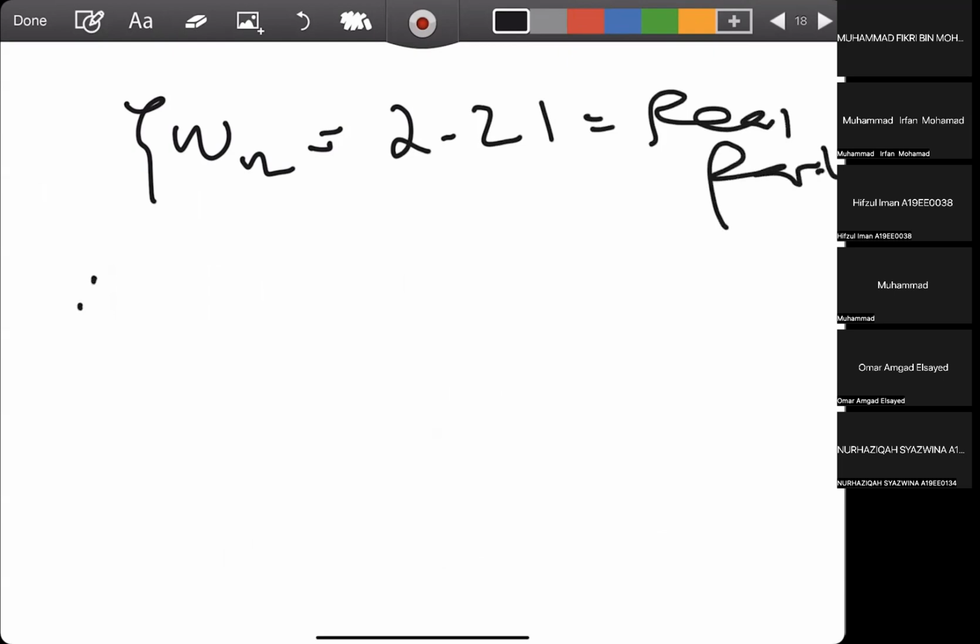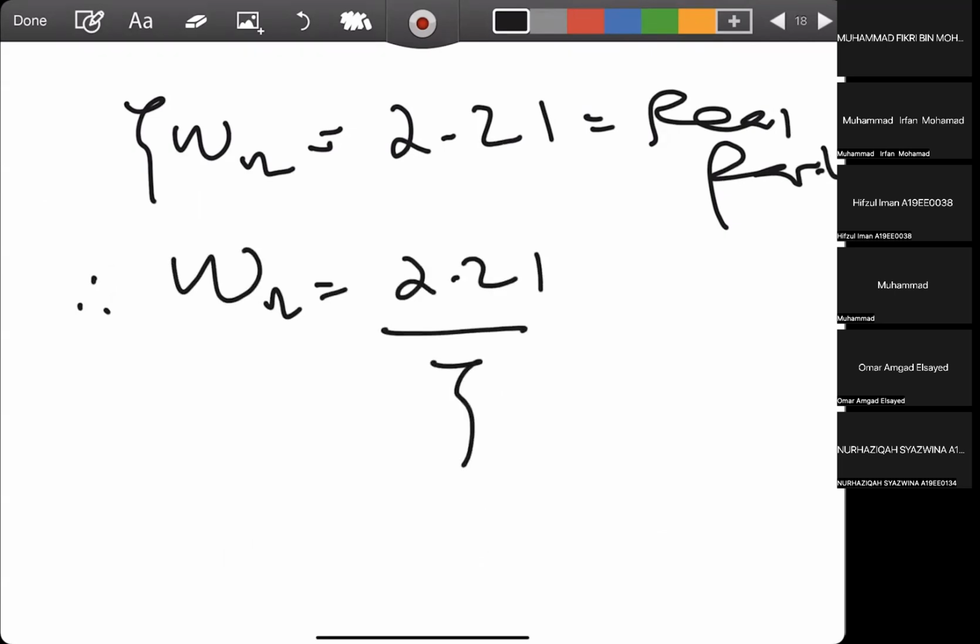So omega n is equal to 2.21 divided by zeta. Berapa? Irfan, 2.21 divided by zeta. Jangan tengah kira. Laju dia, betul. This is 0.456.